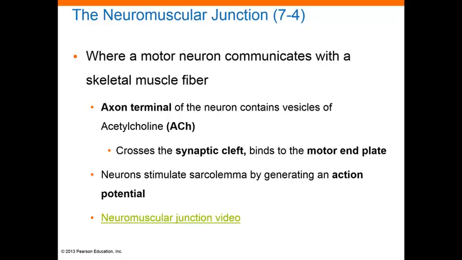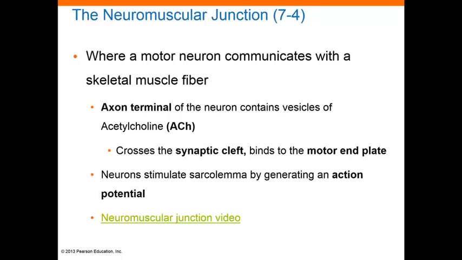The axon terminal of the neuron branches within the perimysium and contains vesicles of the neurotransmitter acetylcholine. So acetylcholine is the name of the neurotransmitter. You get this stimulus from the nervous system, and the neurotransmitter inside of the axon terminal will cross the synaptic cleft.